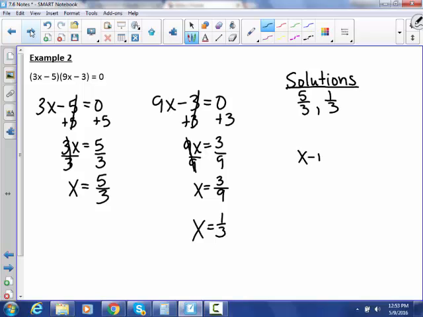Again, if they want you to write them as the x-intercepts, you would put 5 over 3, 0 and 1 over 3, 0. Okay. So some questions they ask you to write them like that. Some questions they ask you to write them like that.